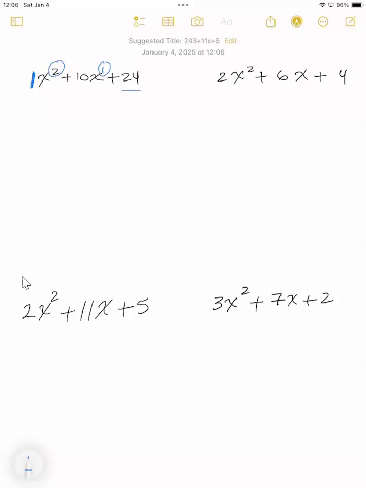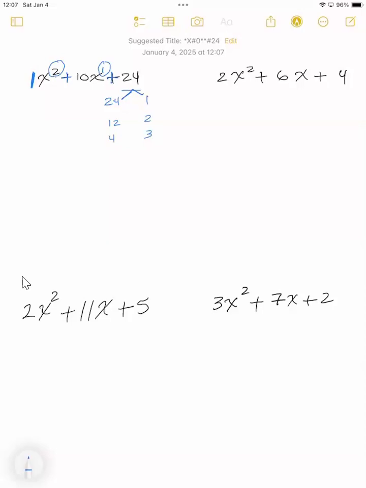And we said if we have such a problem, then we ask what are the factors of 24. Since we have a positive here and a positive here, we only think of positive factors. So positive 1 times positive 24, or 2 times 12, or 3 times 4.